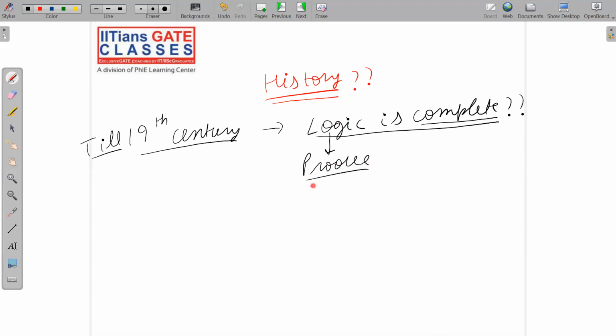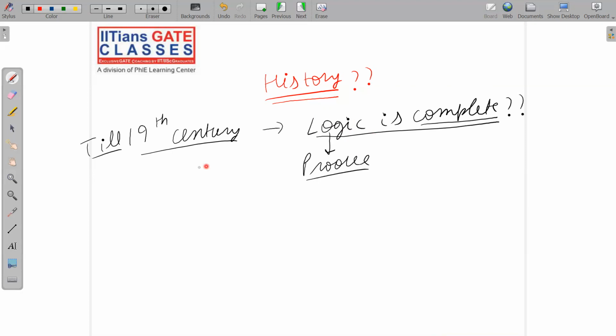Given a statement, if we know that it is true, then we can prove with the help of logic that it is true. Suppose I give you a statement and say that it is true. The next question I will ask is, can you prove that it is true? To prove that the statement is true, you will take the help of logic.